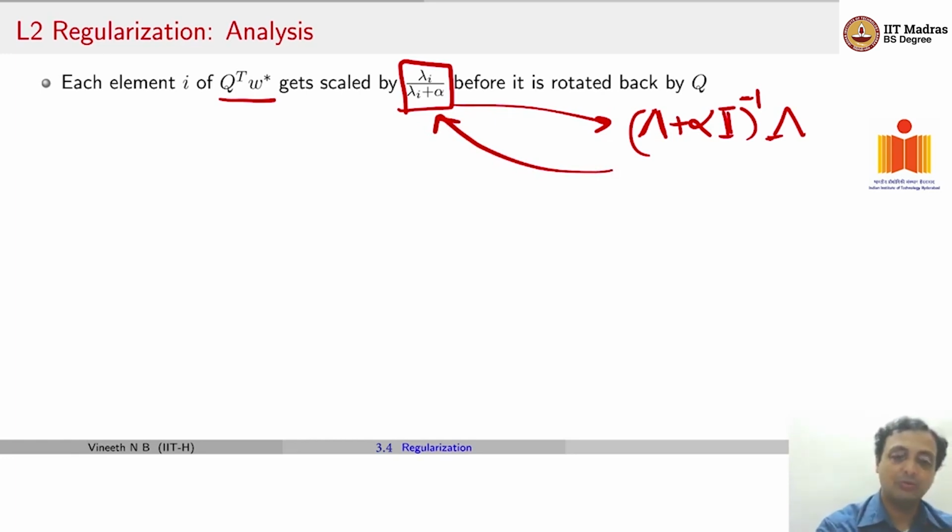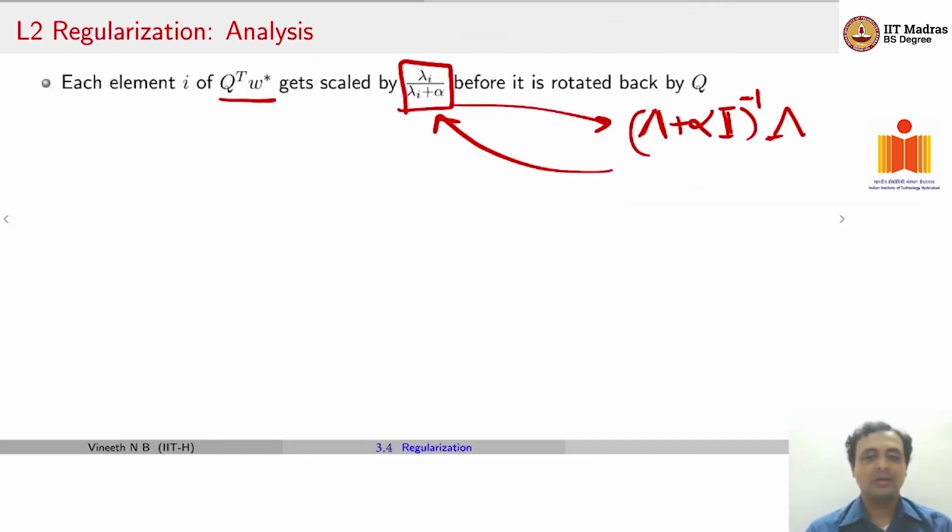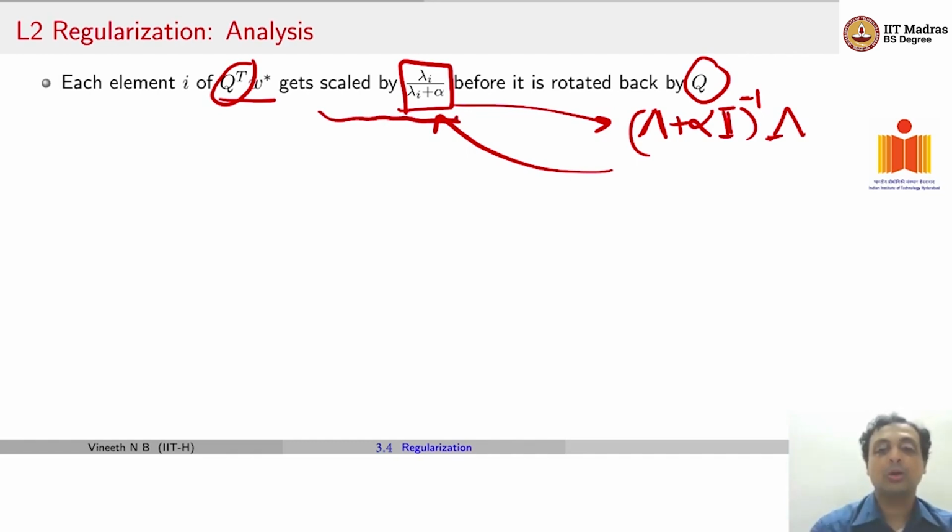Which means every element: you first take W star, transform it by Q transpose, scale it by lambda I by lambda I plus alpha, and then at the end you're rotating it by Q again. When we say rotate, we mean it's a transformation imposed by Q on the output. You're initially transforming it by Q transpose and later transforming it back by Q, so in some sense they will probably cancel out each other in terms of the effect. But in between, you're imposing a scaling on your optimal weight vector.